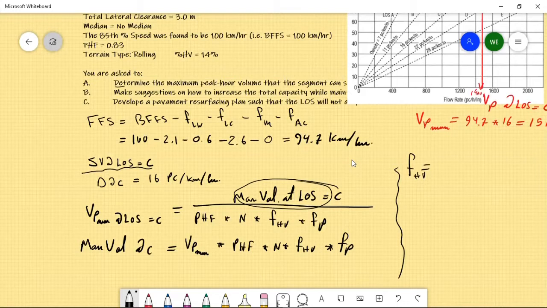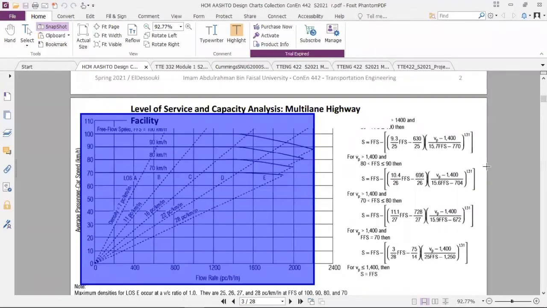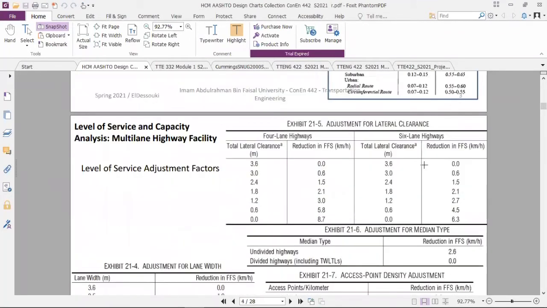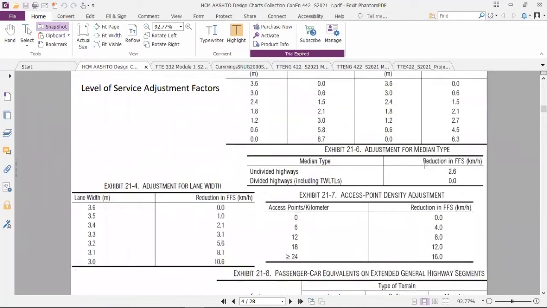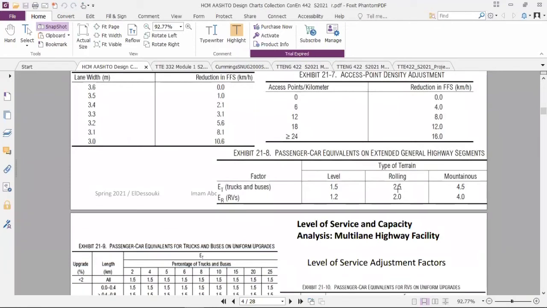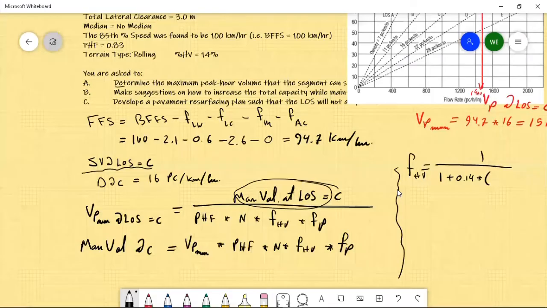We have the percentage of heavy vehicles 14. So this is 1 divided by 1 plus 0.14 multiplied by, and it's rolling, so the rolling means we have an equivalent for the truck of 2.5, multiplied by 2.5 minus 1.